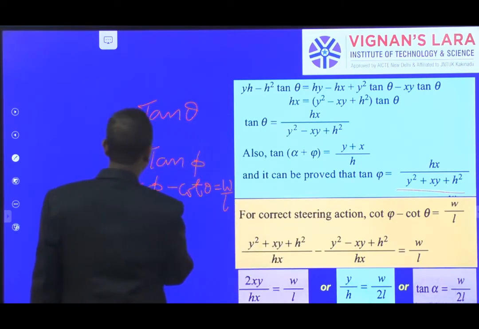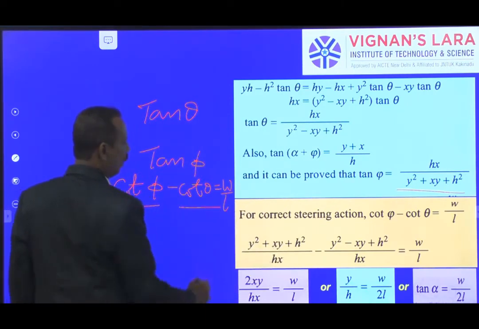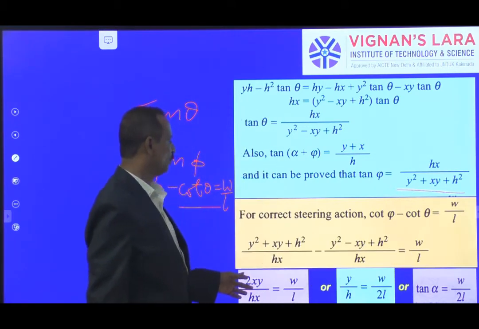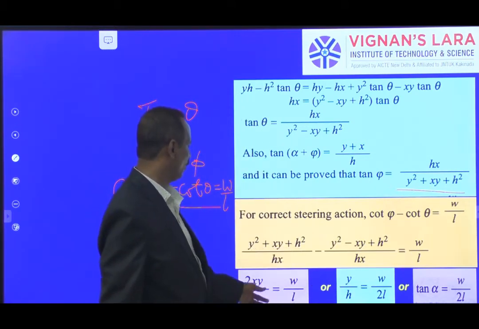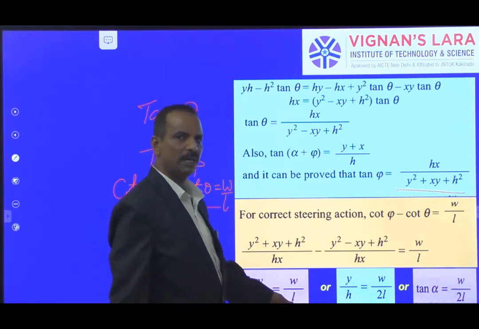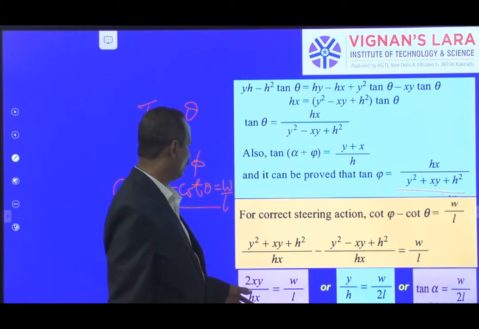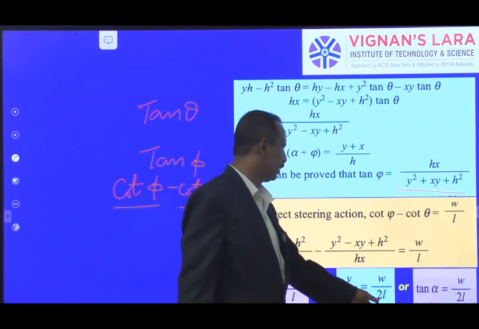So rearranging those cot phi and cot theta terms to w by L, by simple simplification, by taking LCM of hx, I can get 2xy by hx is equal to w by L. Then x gets cancelled, then it will be 2y by h. Then y by h can be written as w by 2L.